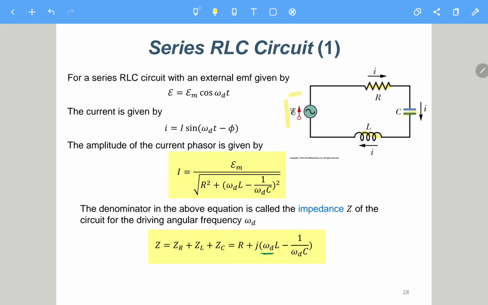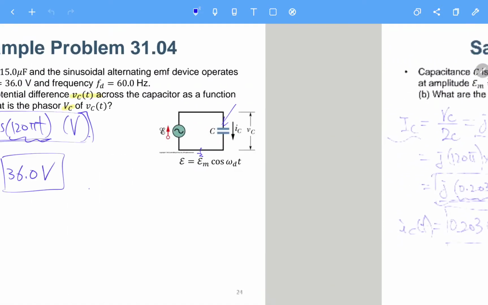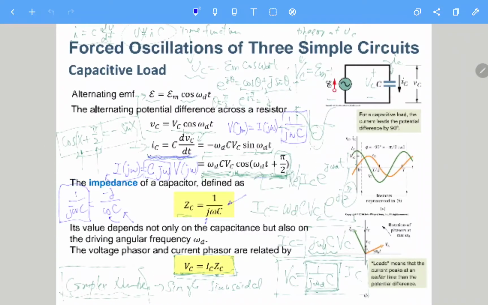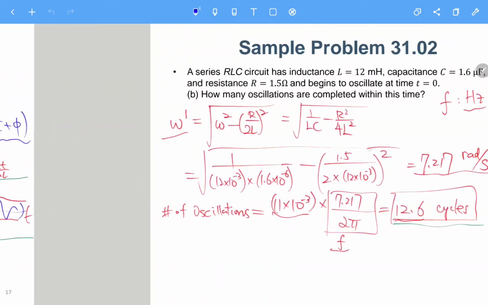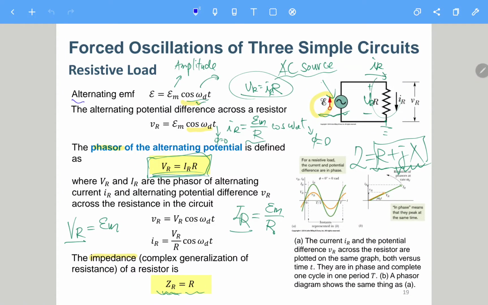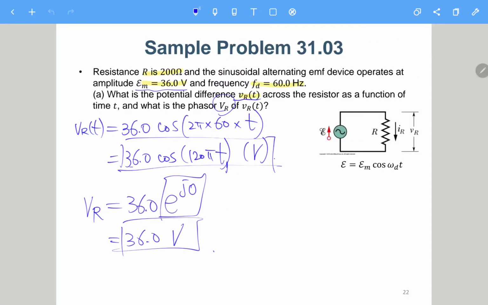So the main difference is that this is a sinusoidal source, like an AC source, because we talk about alternating EMF here, which is actually AC, alternating current.